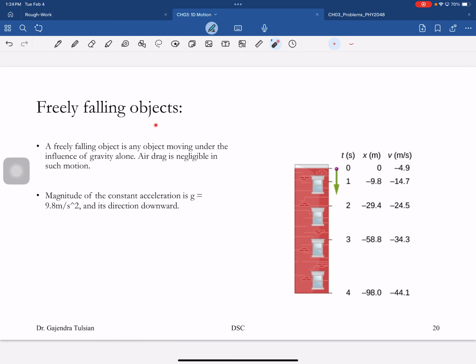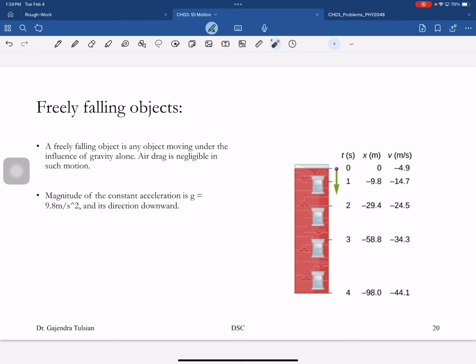So freely falling object, what do you think that means? Right, very good. So here is a freely falling object. Is gravity the only force acting on this?